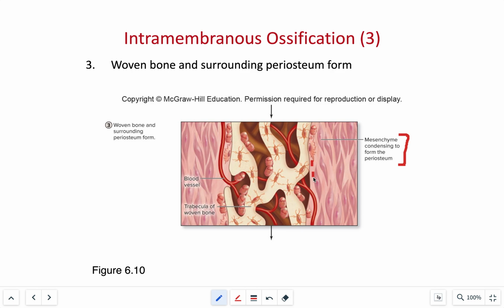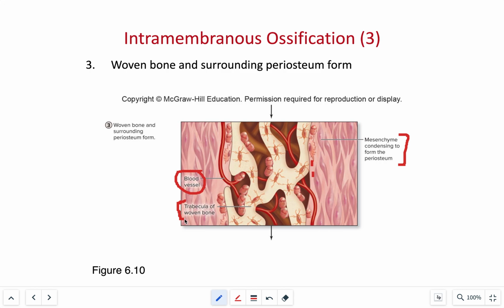Again, we will see the division, and the division of these are going to form an osteoprogenitor cell or an osteoblast. What we also see is the beginning of blood vessel integration. So the blood vessels are going to start weaving into an immature bone called a trabecula.